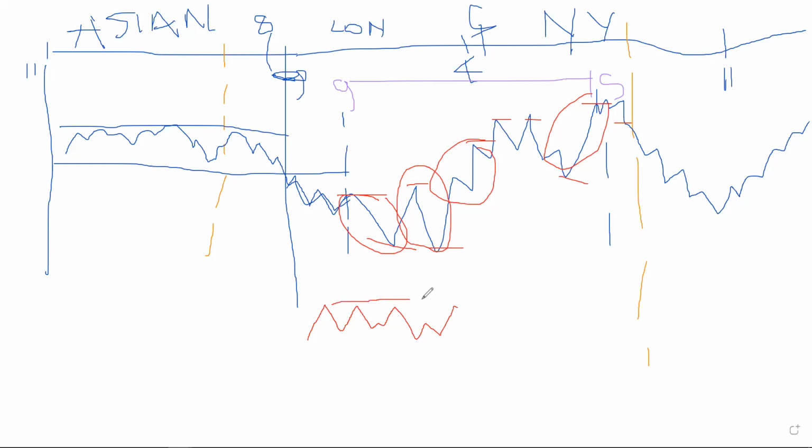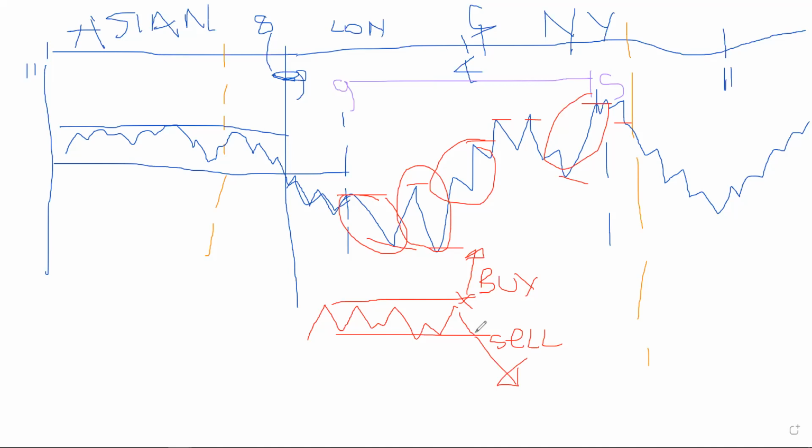Then you put your orders. Basically, even in English, you can give instructions to the computer. You're saying, if you break this point and you go up, I want to enter a buy. And if you break down here, I want to enter a sell.